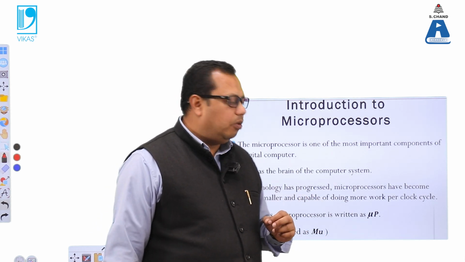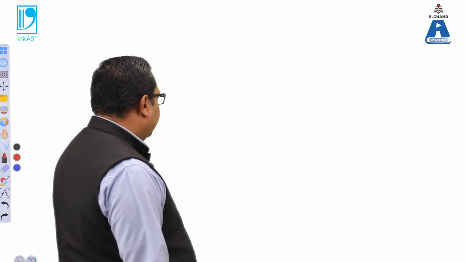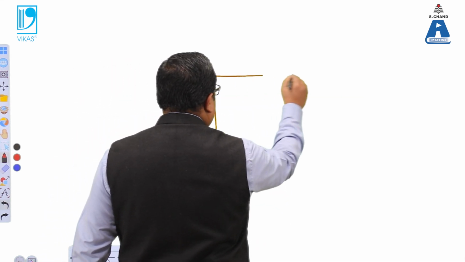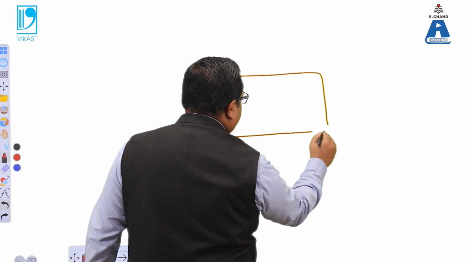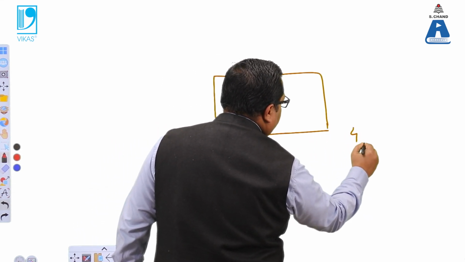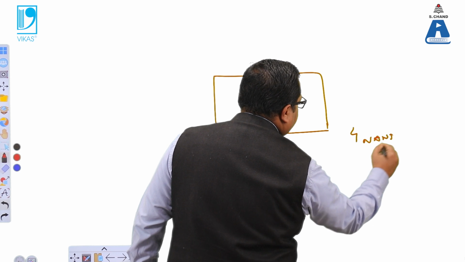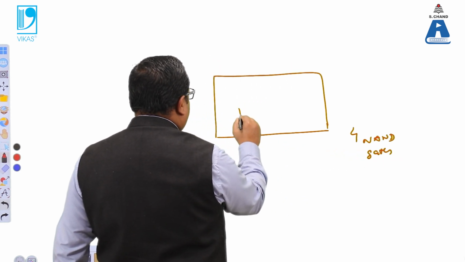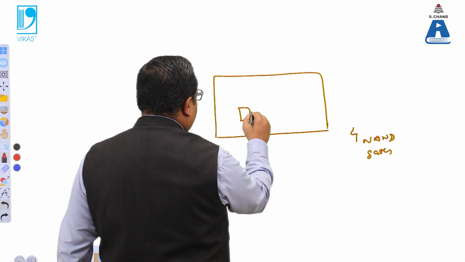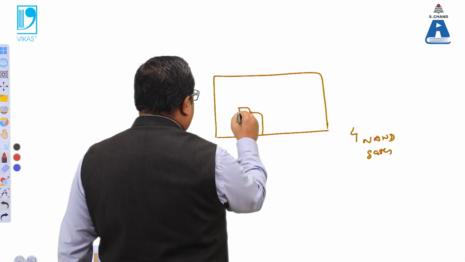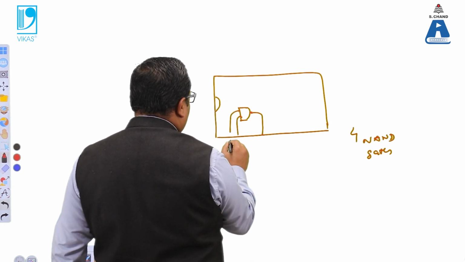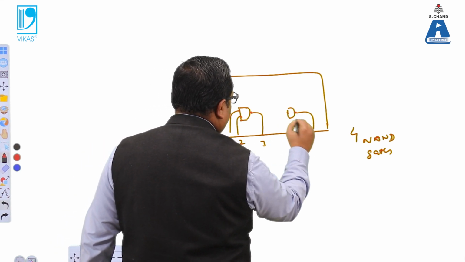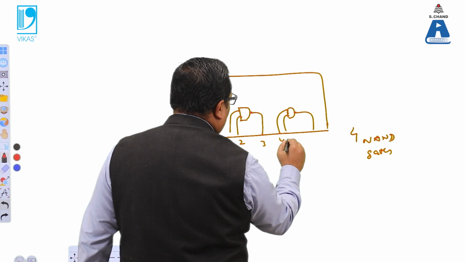Let's take a small example here. I want to make an IC which has 4 NAND gates. I can make it very easily. The first NAND gate is here, so if we look at it, this is pins 1, 2, 3, and the second NAND gate is here, pins 4, 5 and 6.